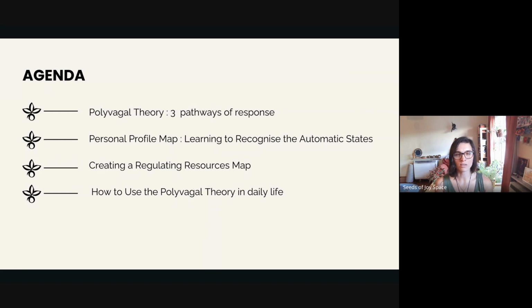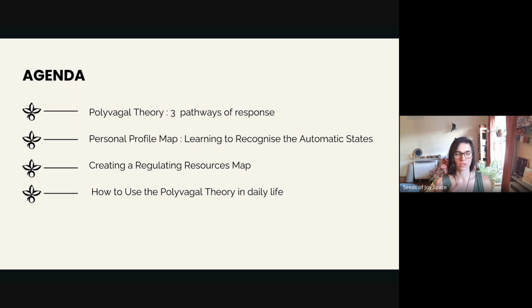And these exercises that we will do here today are something that you can keep going back to, and you can keep adding things, because obviously here in this session you might only be able to connect with only so much. But as you move through your days, in the next few days, you might start recognizing some things, and then you can go back to the personal profile map as well as the regulating resources map.